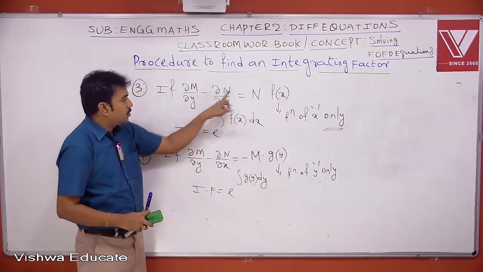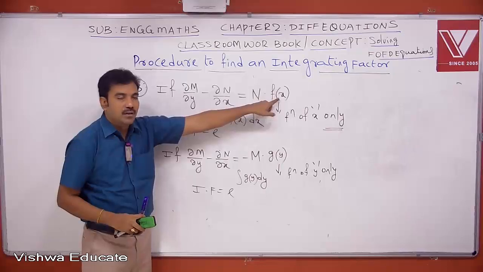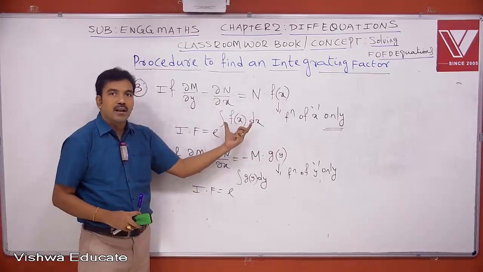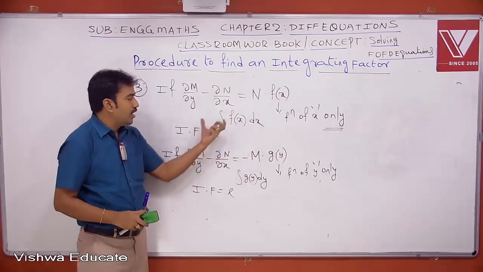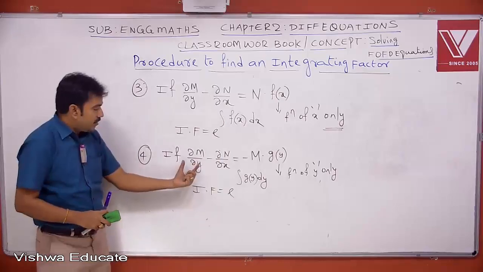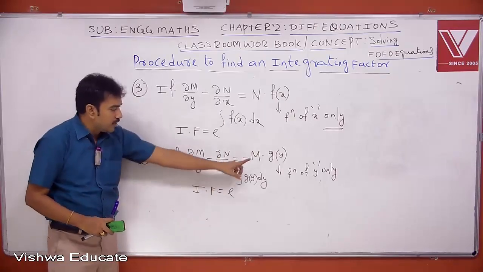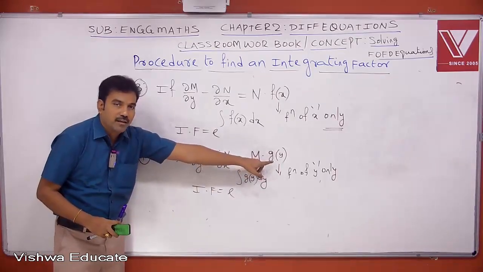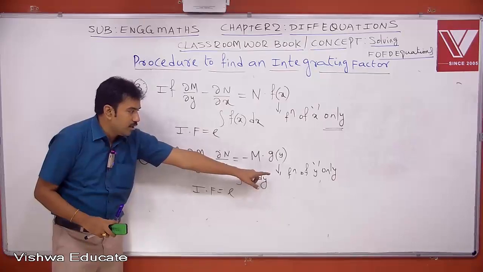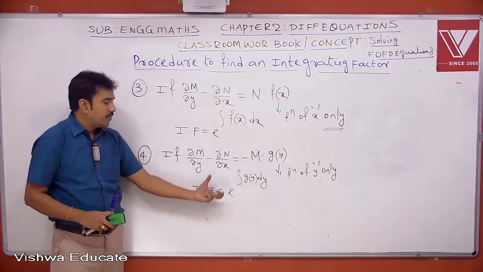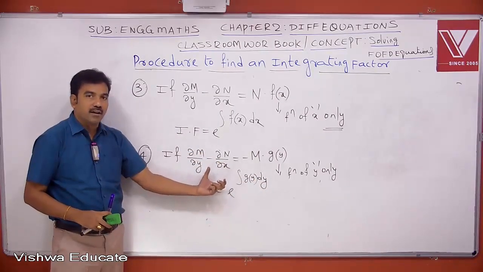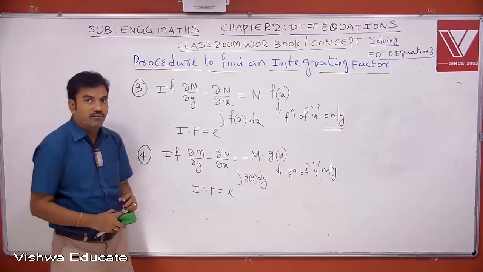So if the difference of these two is n into a function of x, the I.F. is e power integral f of x dx. It is purely a function of x only. If the difference of these two partial derivatives is minus m into g of y, where g of y is a function of y only, then the I.F. is e power integral g of y dy. Now it is purely a function of y.